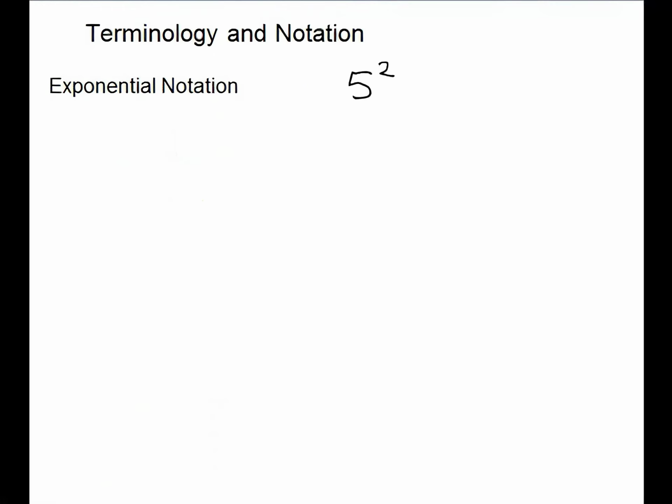Next, we want to look at exponential notation. It has a number down lower, which is called the base, and a small number up above, which is called the exponent or power. And this notation has a special meaning.